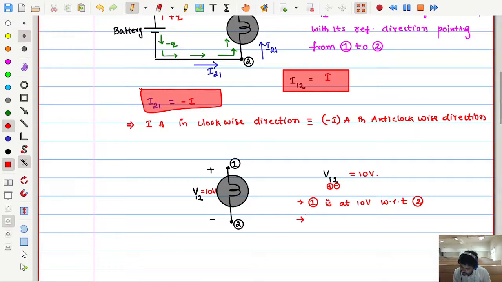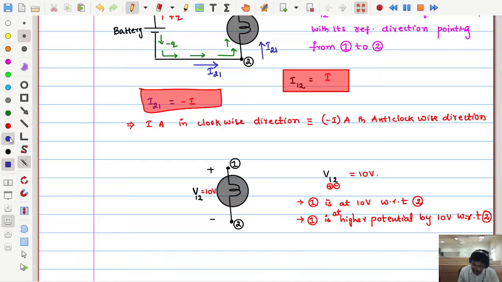Or it can also be said another way, that point 1 is at higher potential by 10 volts with reference to point 2. In either way we can interpret this notation. So point 1 is at higher potential than point 2 by 10 volts, or point 1 voltage is 10 volts with respect to 2.